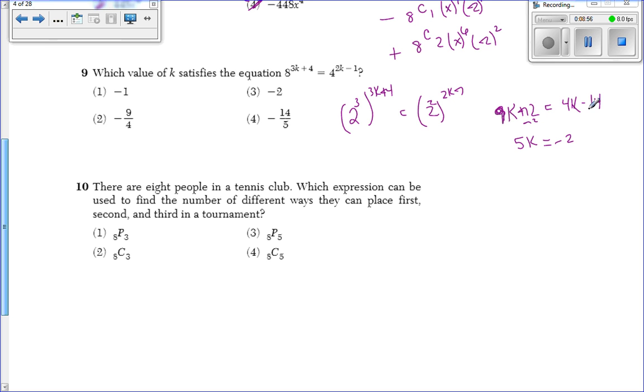And then divide by 5. This is not working out here. I made a mistake somewhere.